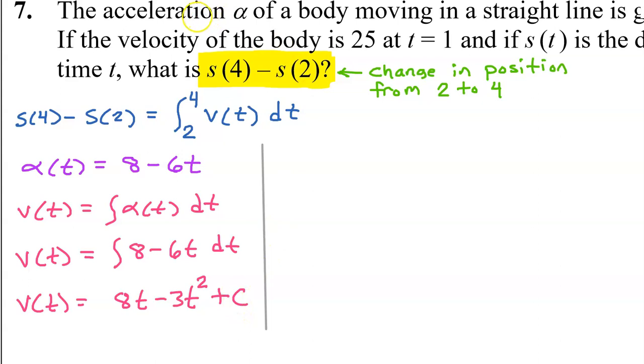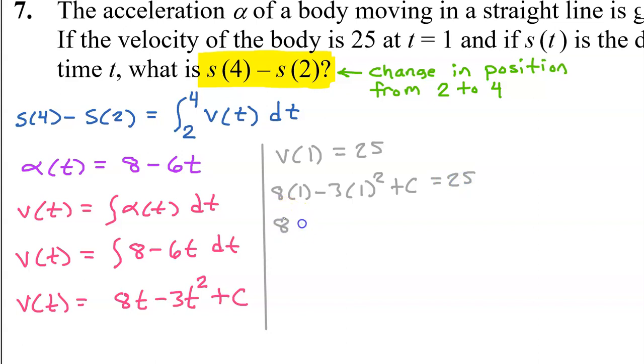They gave us enough information to find c. They told us that the velocity is 25 at time t equals 1. So in other words, the velocity at 1 is equal to 25. Substituting 1 for t in the equation for velocity, we have 8 times 1 minus 3 times 1 squared plus c is equal to 25.